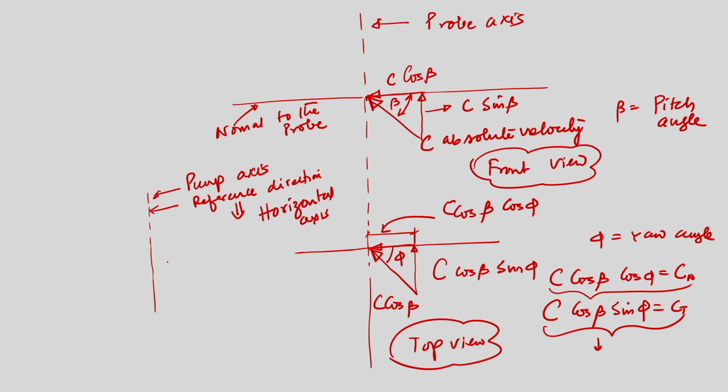If I try to recall the velocity component, that is c cos beta, and this angle is phi, and this angle is 45 degrees. I can draw like this.